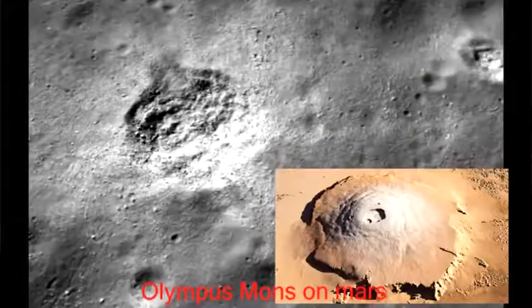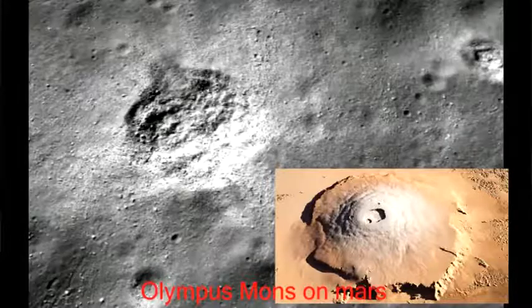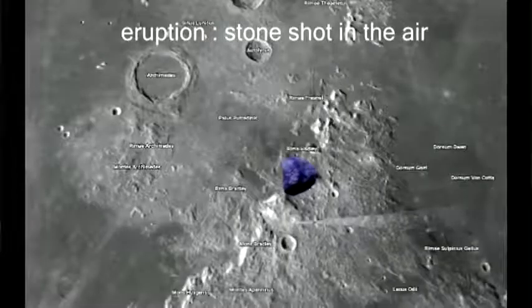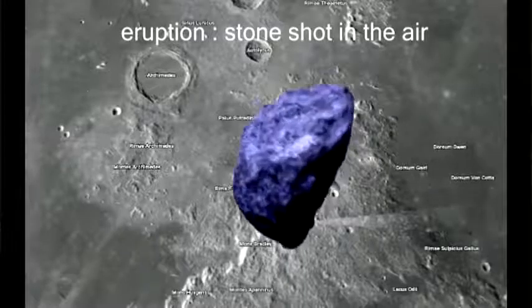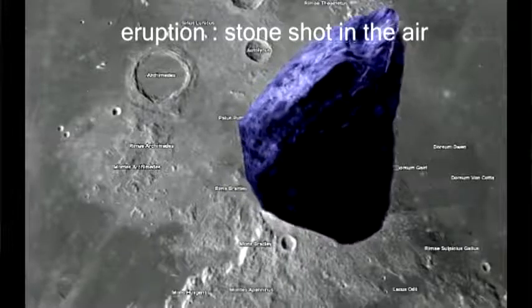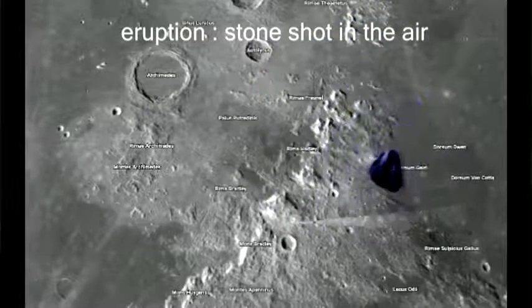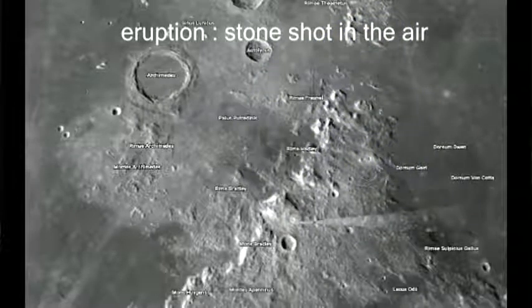So this is twice as big, twice as voluminous. And also there's every indication that it was active in a relatively recent geological period, just judging from the very few meteoric impacts on the crater rim.